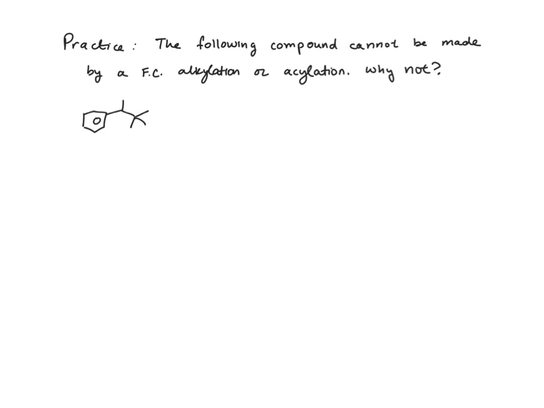Let's look at what happens if we try to do an alkylation at that carbon. So what we would need is to have the following alkyl chloride, and we would treat that with aluminum chloride.